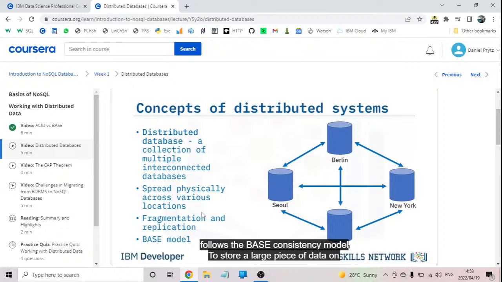Distributed systems use NoSQL databases in general, and are thus using the base model. All right, so there we go.